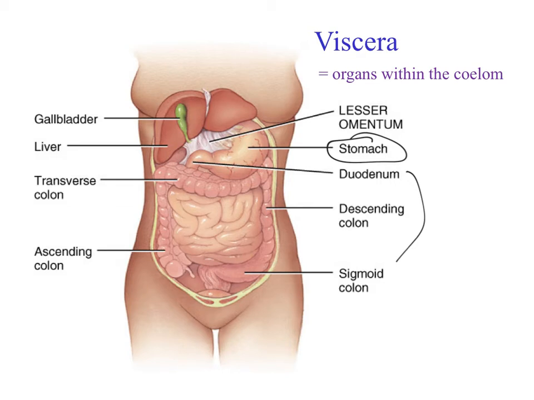The urinary bladder, not labeled, but down here, that of course can expand as it fills. And so all of that and more, if you consider up in the thoracic cavity, the beating of the heart, the inflating and deflating of the lungs with inhalation and exhalation, all that's possible because these organs are housed within a cavity.